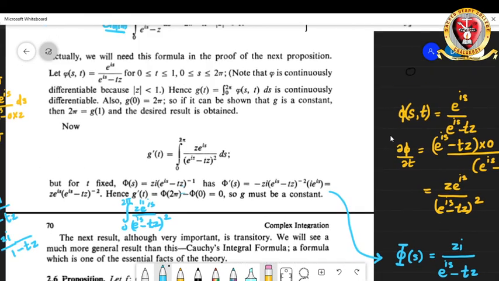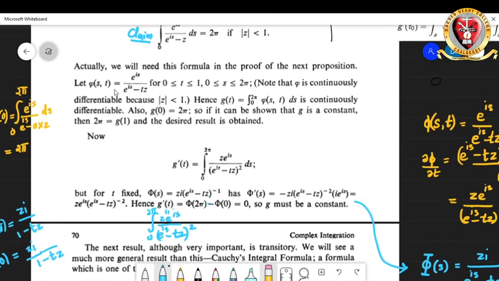You differentiated the φ sitting here to get this. So this is g′(t).